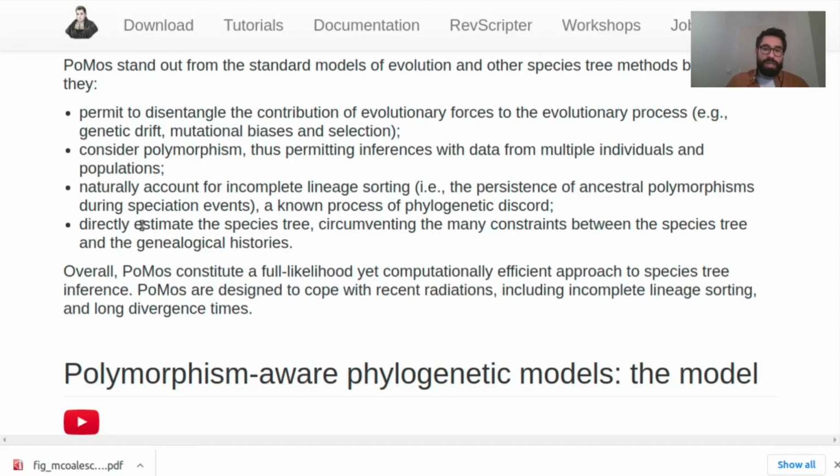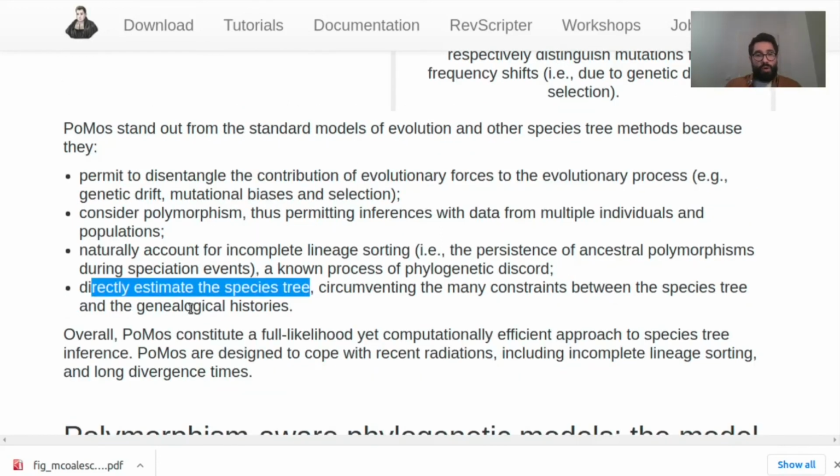And this is because in order to estimate the species tree, the multi-species coalescent has to circumvent the many constraints between the species tree and the genealogical histories, while POMO does that naturally, and therefore it directly estimates the species tree. So overall, POMOs constitute still a full likelihood method, yet very computationally efficient to estimate the species trees. And today we'll learn how to do Bayesian inferences with POMOs.